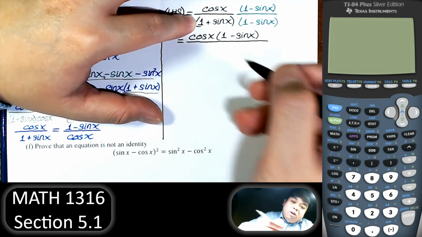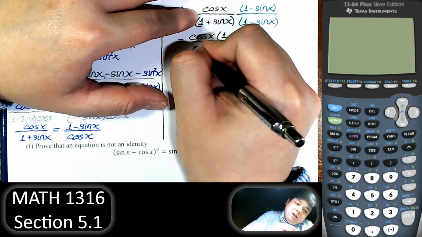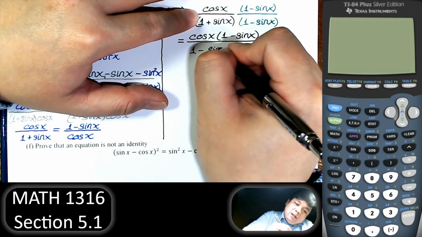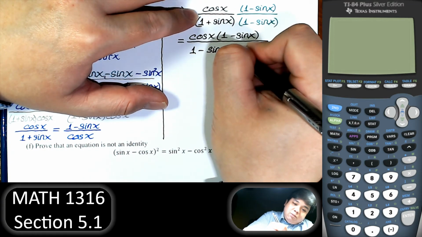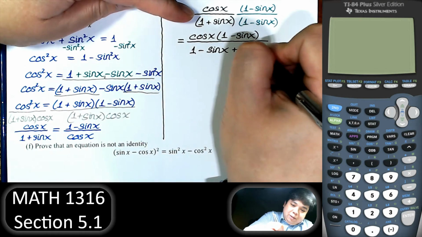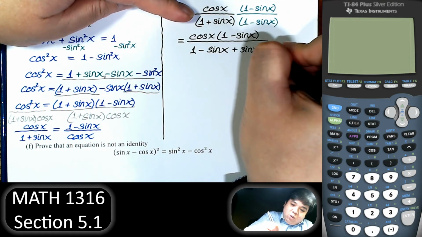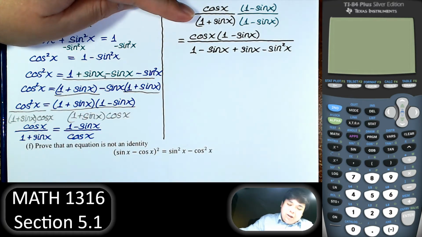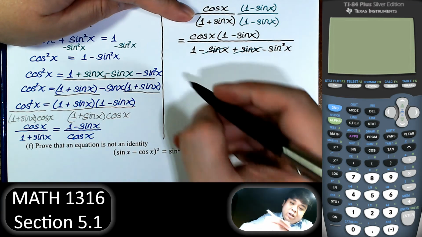So how about multiply it out? 1 times 1. 1 times sine x, minus sine x times 1, plus sine x times minus sine x, which is minus sine square. Right. We see that the middle terms cancel out.